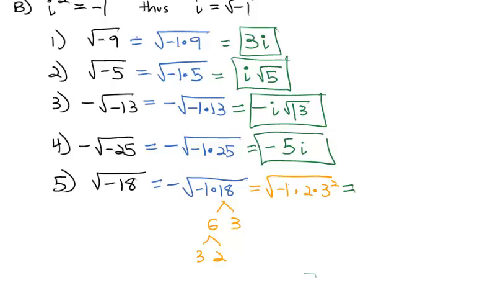And we can take the square root of negative 1, that's the i. We can't take the square root of 2, so it's going to stay in the radical, but the square root of 3 squared is just 3. And so the square root of negative 18 becomes 3i square root of 2.